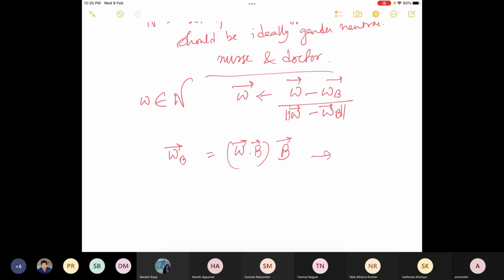What was this? We said, right? W is equal to W norm plus WG. And this WG was defined like this. What is WG?